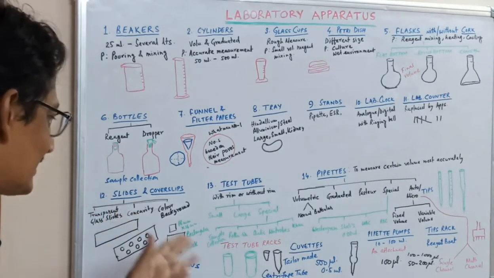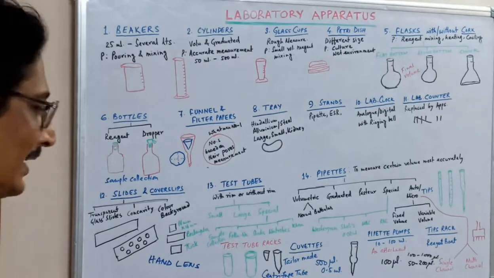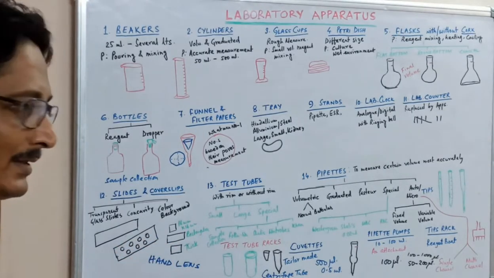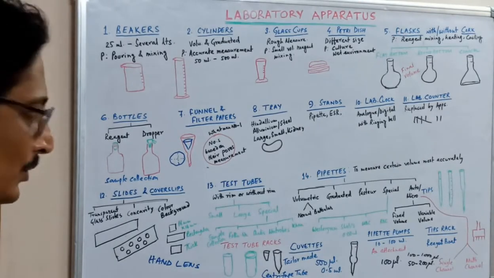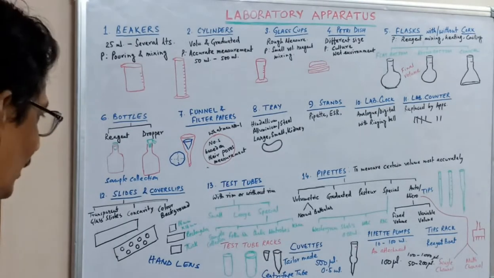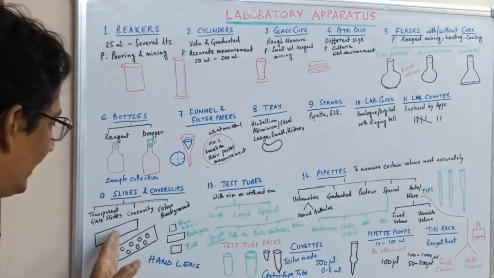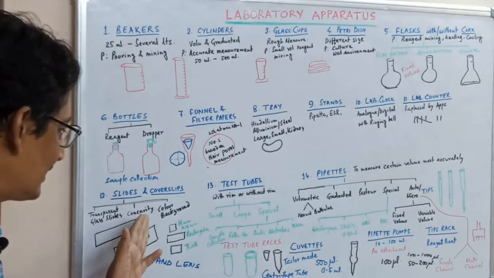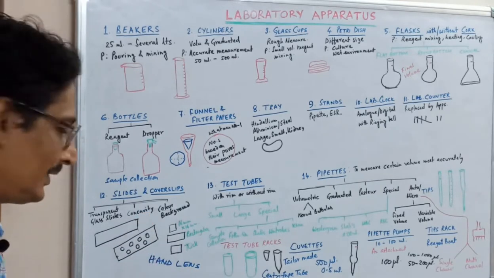After that, somewhere we need concavity slides. There is a groove in the slide, because if we need more than 2 or 3 drops of sample or mixed samples, it could spill out. To avoid this, we use concavity slides.